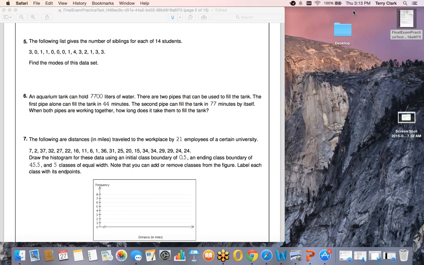Yep, bar graphs are discrete. Discrete is direct. They're just one specific number. You know exactly what you're talking about. And the histograms take into account intervals. So it's intervals of data. So you've got discrete, which is concrete, and then you've got intervals, which is continuous.